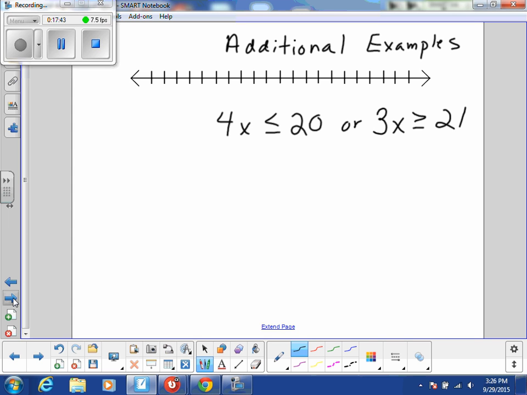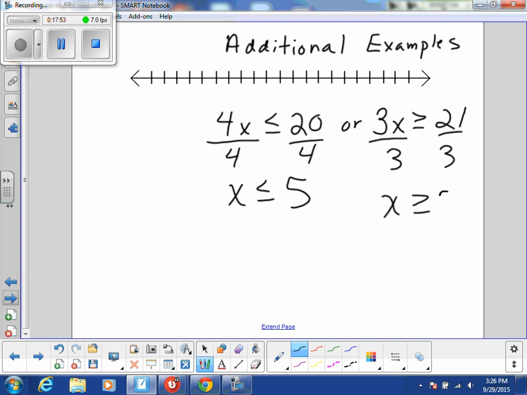All right, another disjoint or divorced inequality. So I've got, let's say, 1, 2, 3, 4, 5, 6, 7. X is less than or equal to 5.